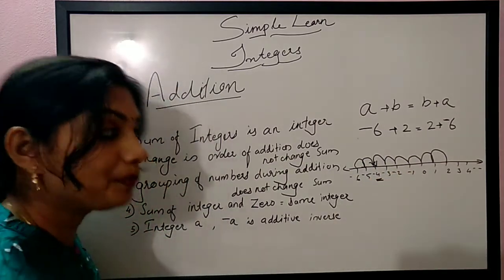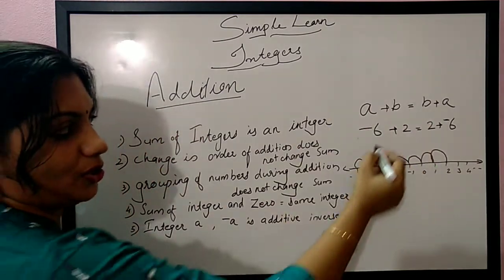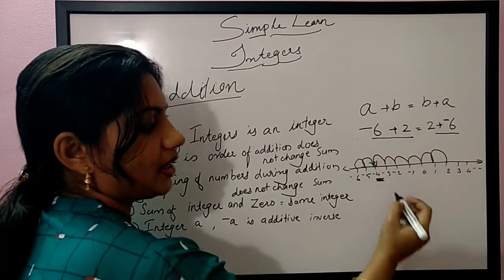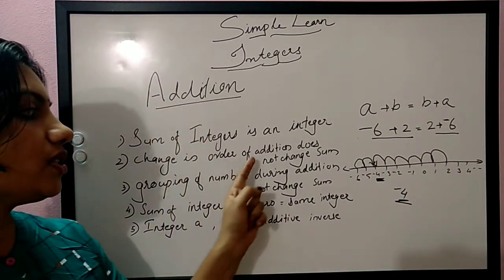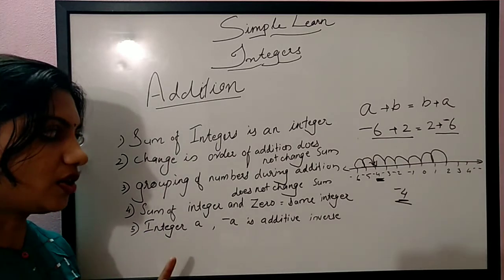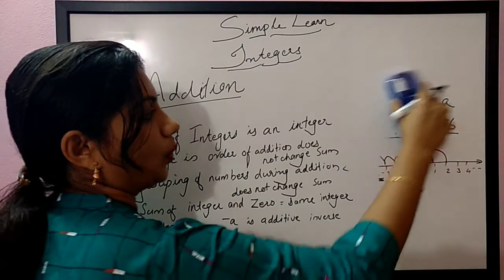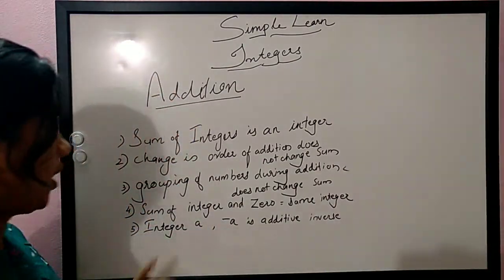Where did I come? It is -4. So the answer is same. So -6 plus 2, 2 plus -6 is -4. Answer is same. So that's why change in order of addition does not change the sum. It's going to be equal. Now, I hope all of you understand this.